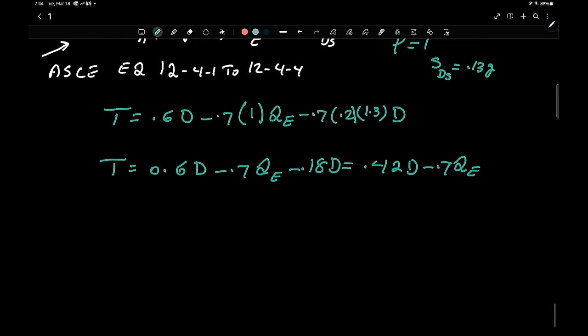So I'm going to go ahead and go to the compression side. We're going to say, let me change color for good luck here.